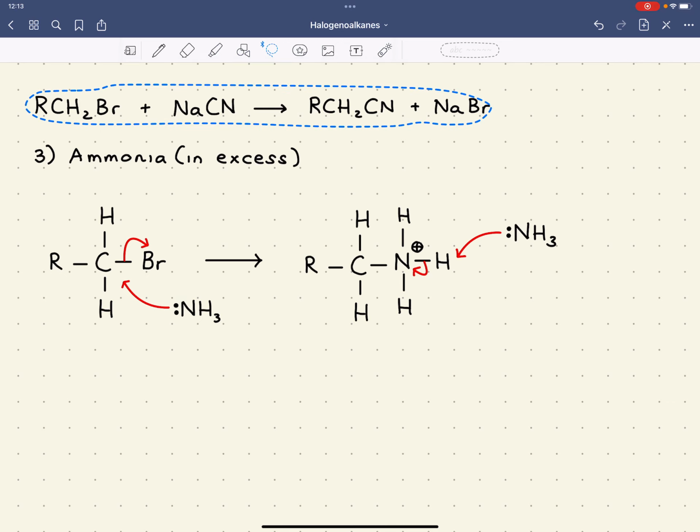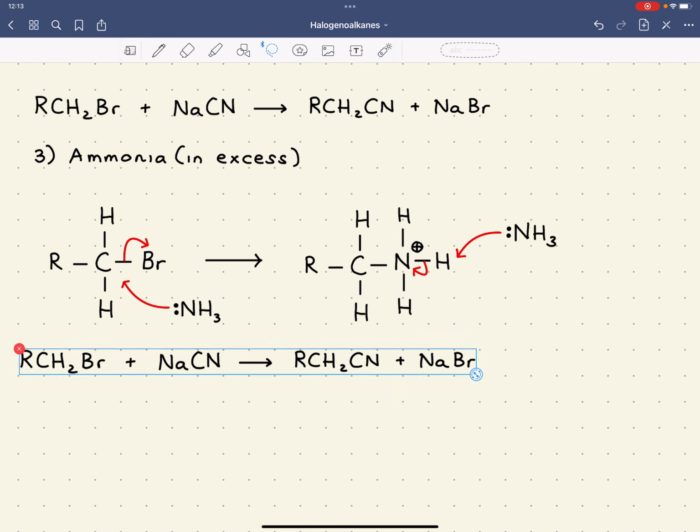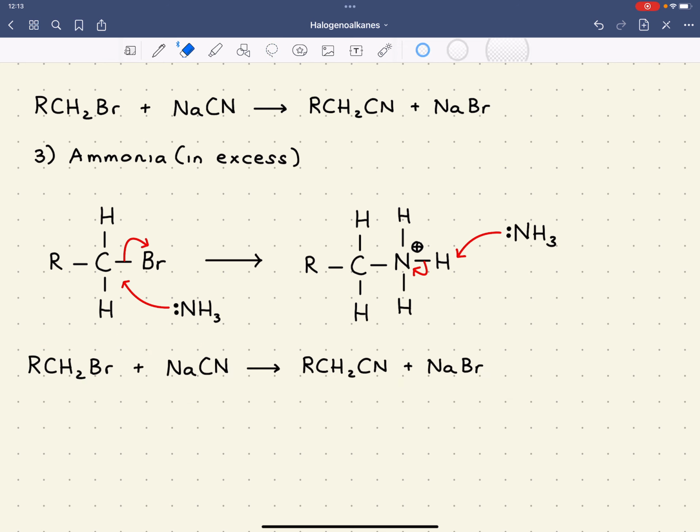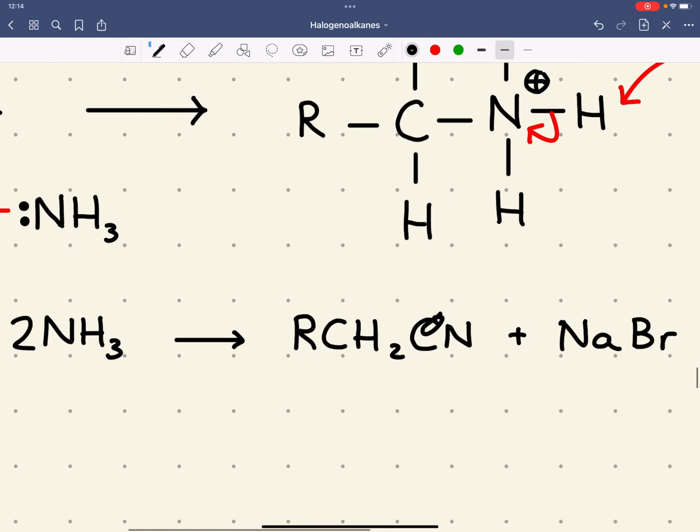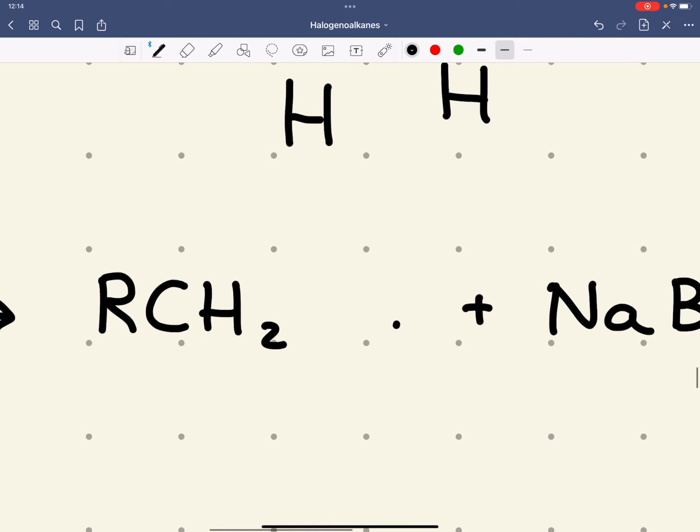What we get then is an equation where we actually now need 2 mole equivalents of ammonia. And that forms an amine, a primary amine.